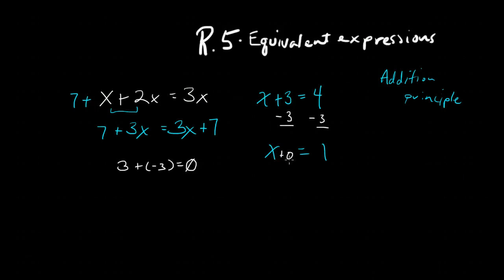And because 0 is the identity, we don't really need to write it, so we can just say x is equal to 1. So the effect of adding the inverse, it cancels my 3's on this side. I don't have 3's anymore over here, and then I'm left with 1 on this side. So that's the addition principle.